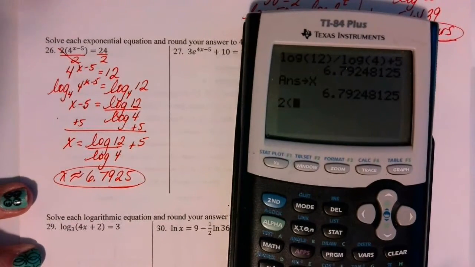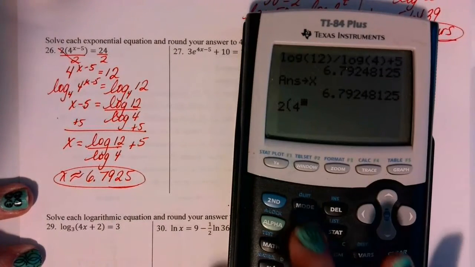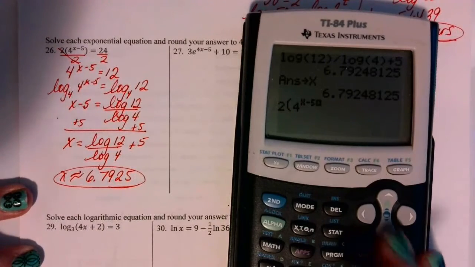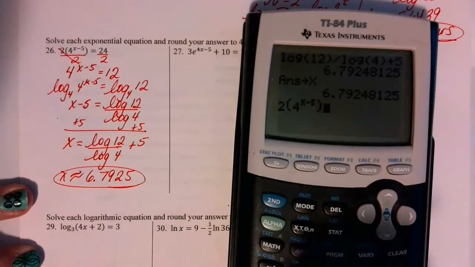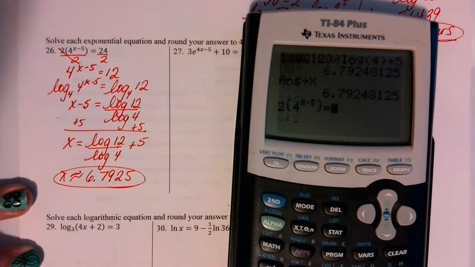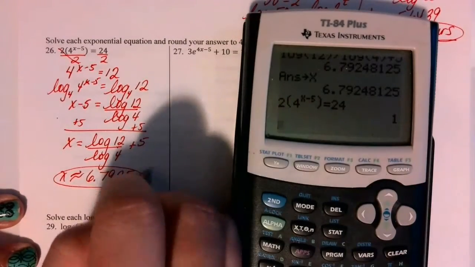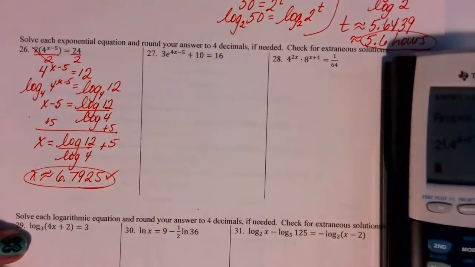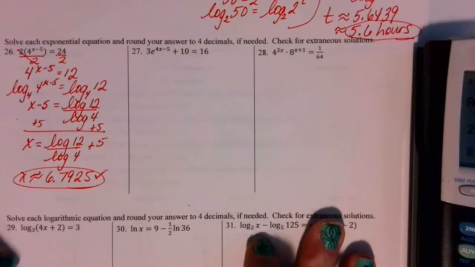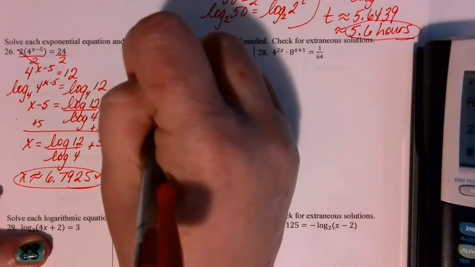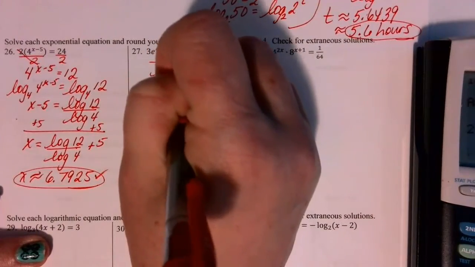So 2 times 4 raised to the x minus 5 power is equal to 24, and we press enter and we get back a 1, which says that that checks.